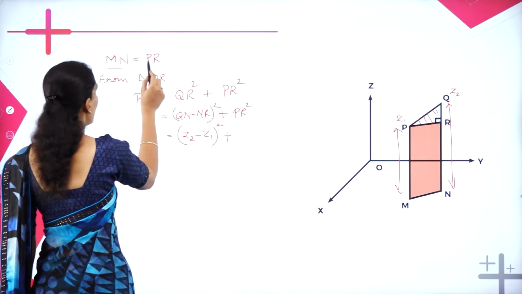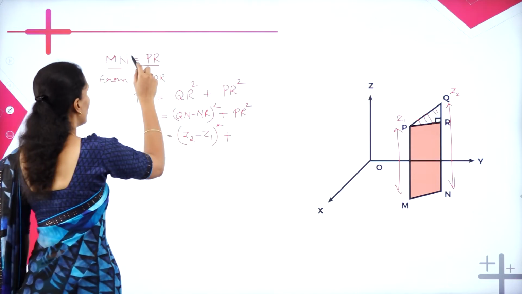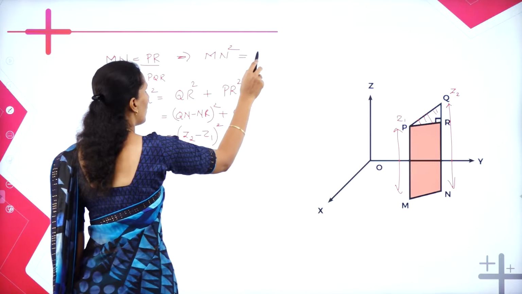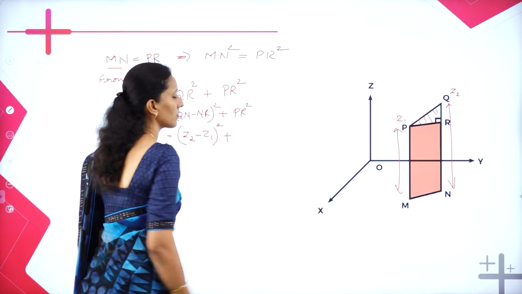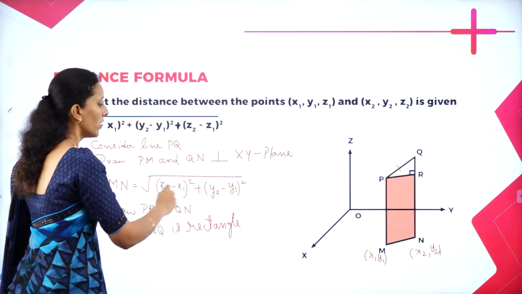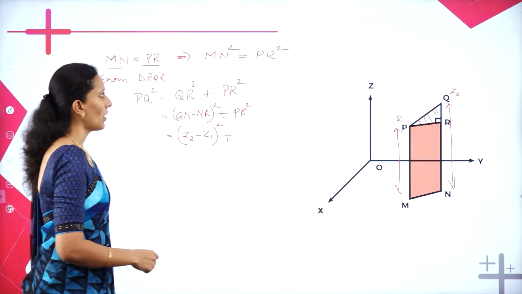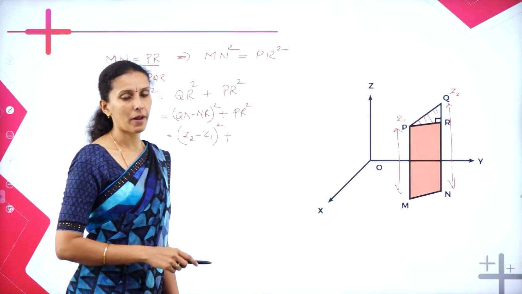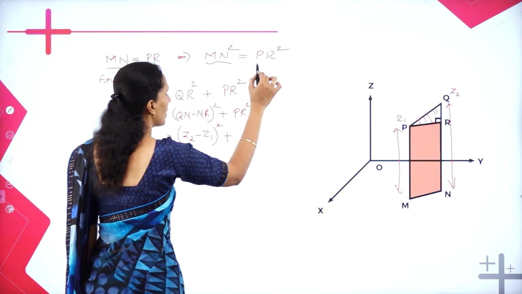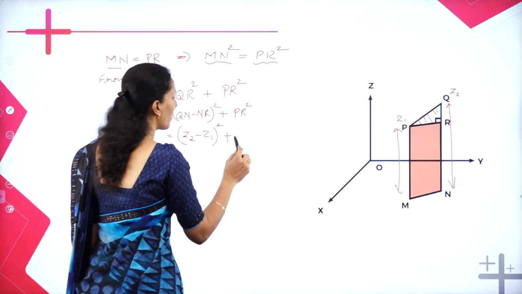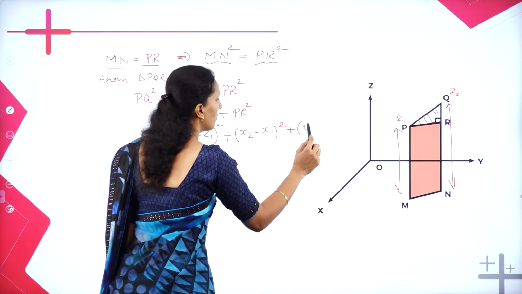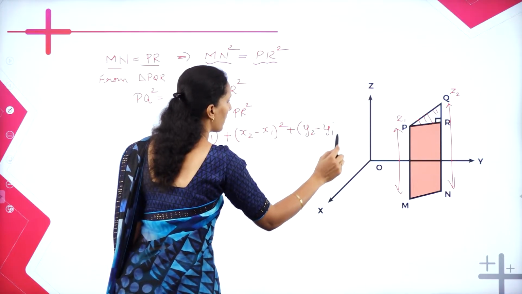Now since MN is equal to PR, this implies MN square is equal to PR square. Previously we got MN as the square root. If you square both sides, it will be x2 minus x1 whole square plus y2 minus y1 whole square. So PR square can be written as x2 minus x1 whole square plus y2 minus y1 whole square.